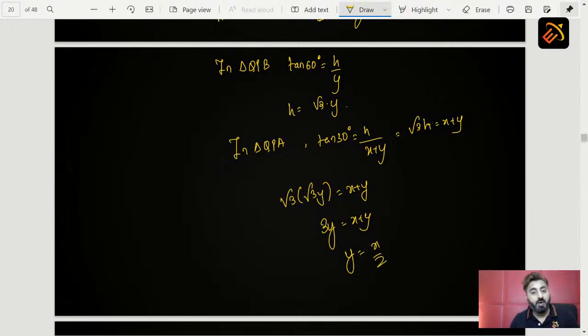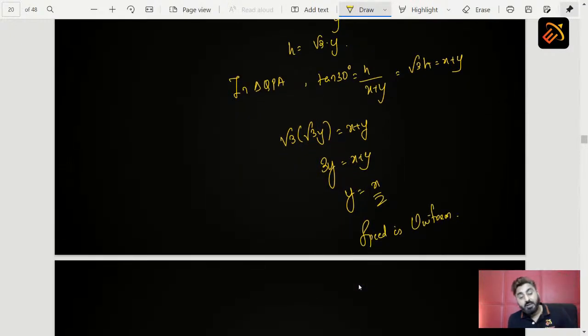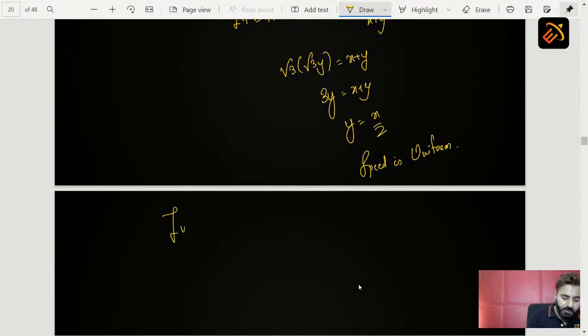Now if the value of y is x by 2, then you can say that the speed is uniform here. Now to go x, it takes around 10 minutes.